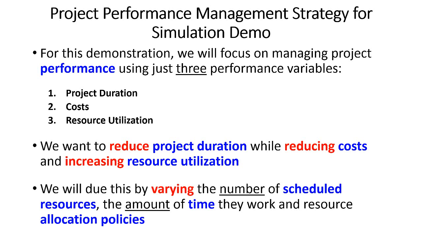We're going to do this by varying 3 things. We're going to vary the number of scheduled resources that we have in the system, the amount of time they work, and the allocation policies. We can talk about these 3 things that we're going to try and manage as being levers to control the performance of the system.